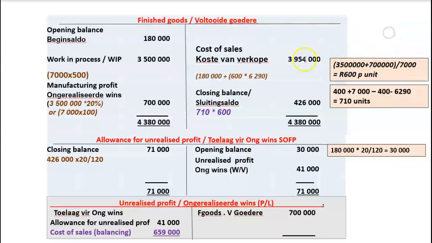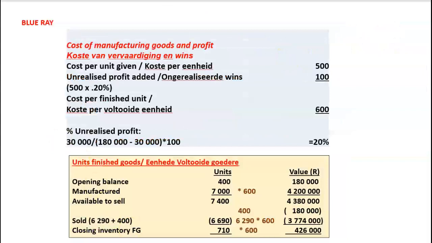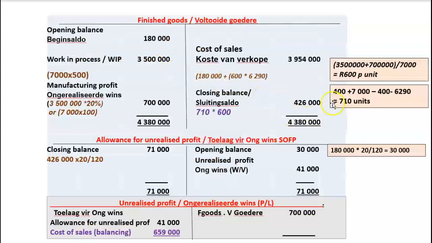That gives us a total of 3,954,000. Closing balance, we've already worked that out as well. We had 710 items at a cost of 600 Rand an item, and that gives us 426,000 Rand. And then this thing balances off quite nicely.